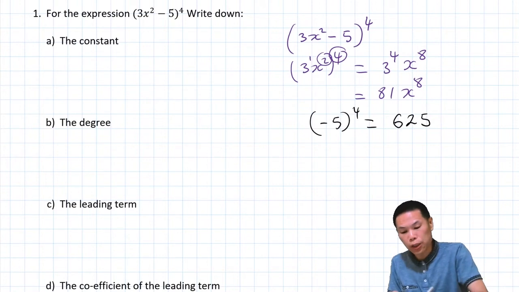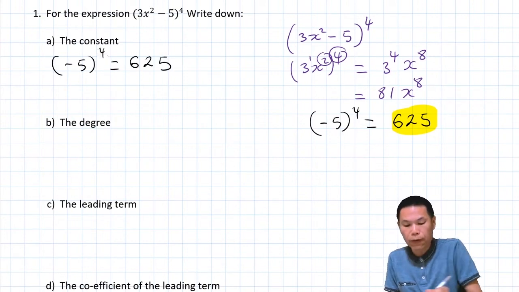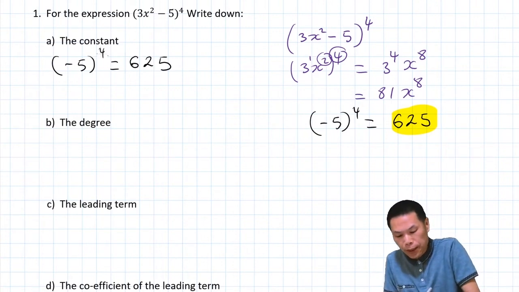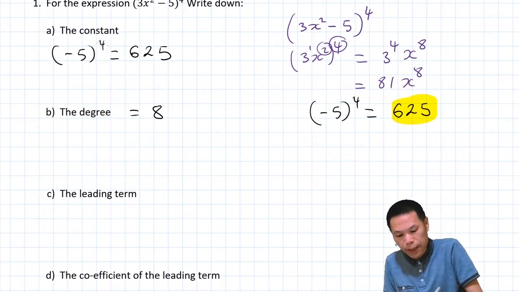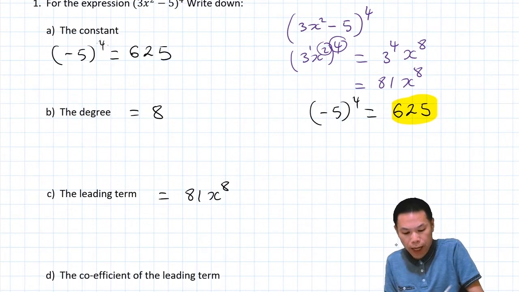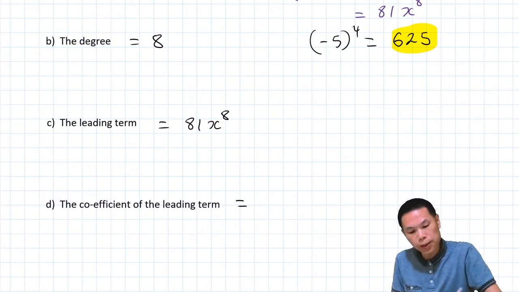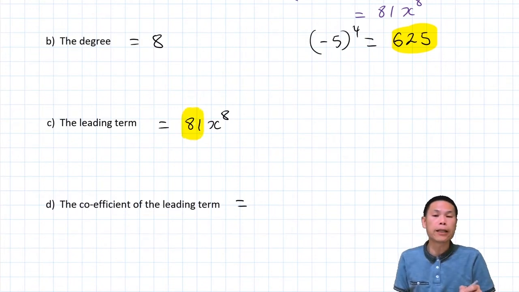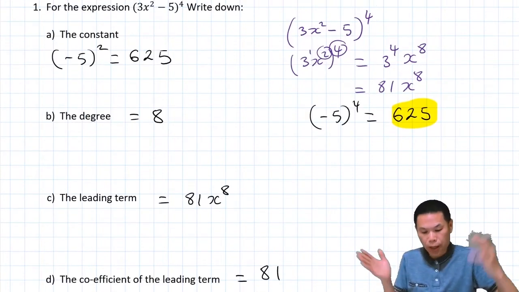The constant is 625, and the degree is equal to 8. The leading term is 81x to the power 8, and the coefficient of the leading term is 81.